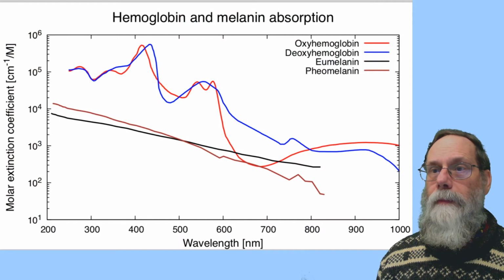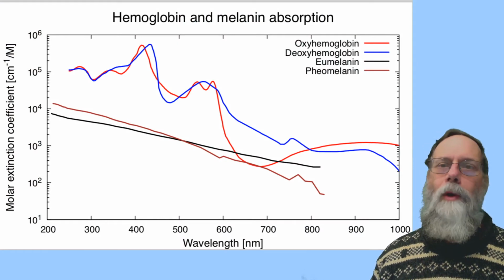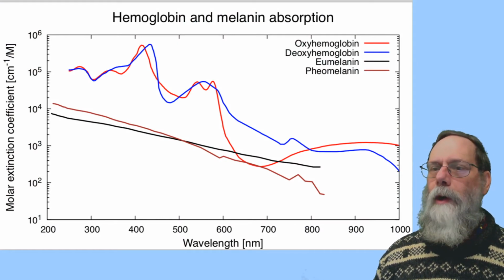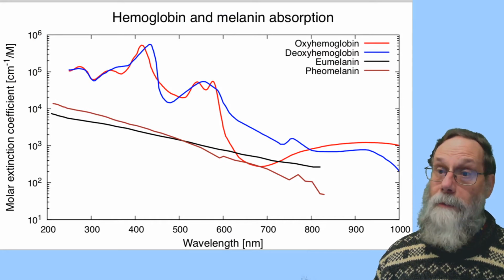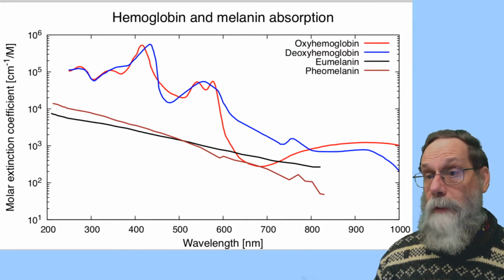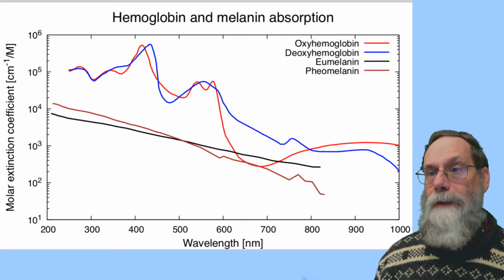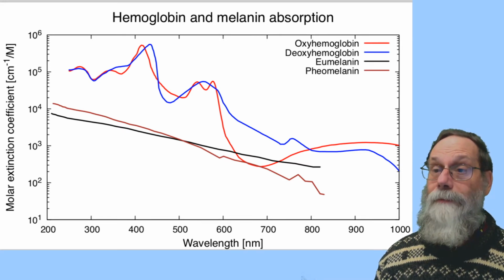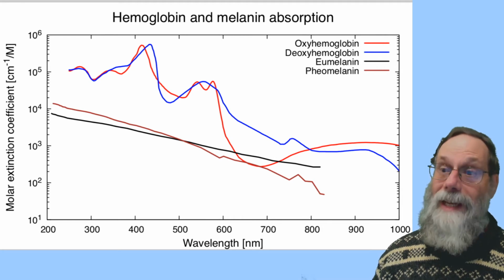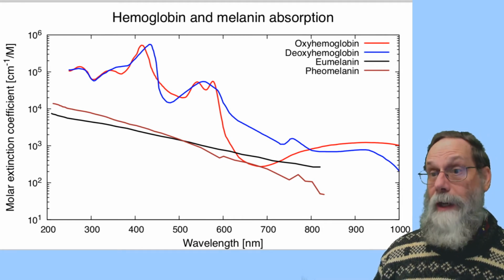So here are molar extinction coefficients for a number of substances that might be important. Oxyhemoglobin and deoxyhemoglobin are the two types of hemoglobin that you have. It's actually one type in two different states, carrying oxygen or not carrying oxygen.